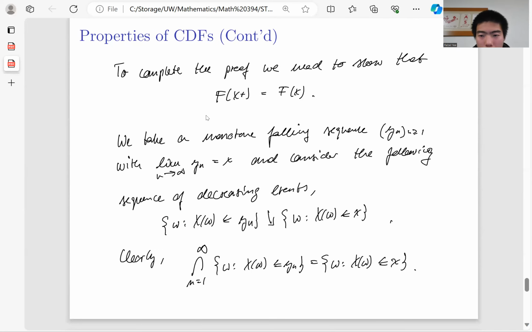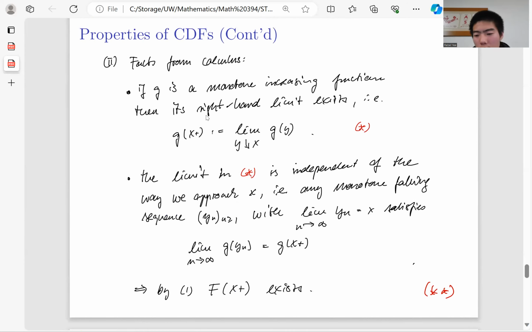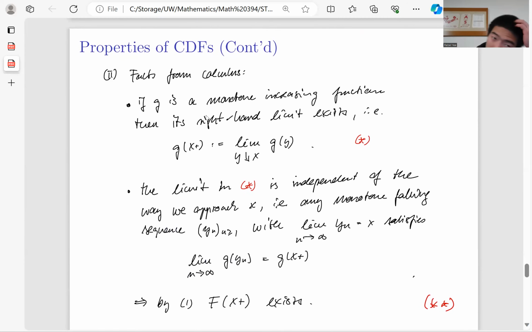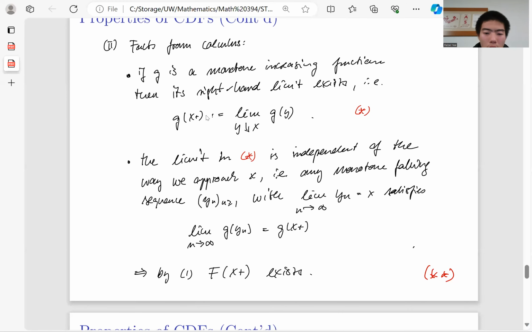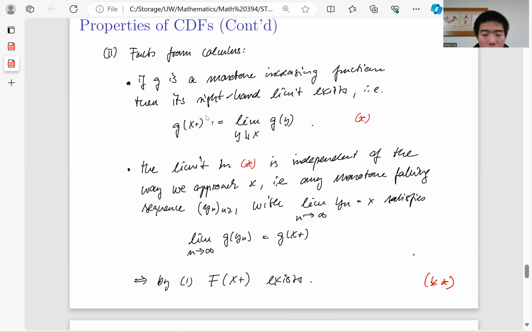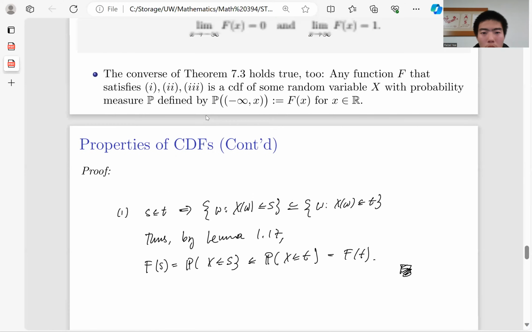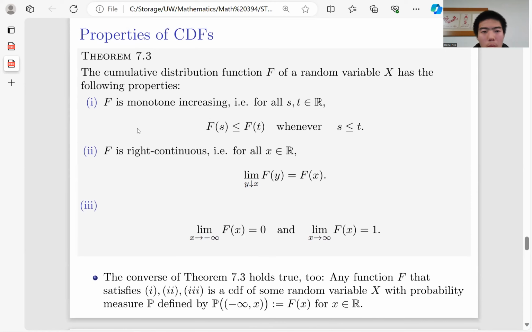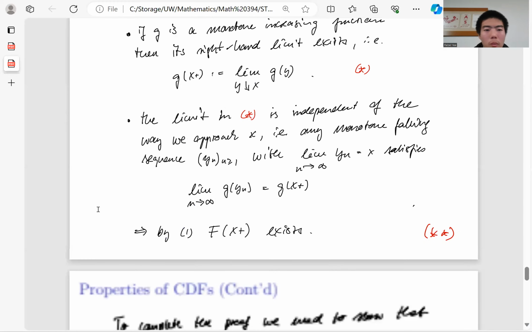I think this proof is relatively hard by current standards, even harder than the Bernstein polynomials proof, so I decided to ignore this part. But the most important thing is to remember the property that F is right continuous in the CDF. Then if you meet a question asking you to prove whether a curve is a CDF, you can always use these three properties, and that's the most important.